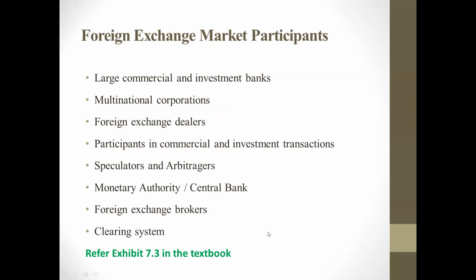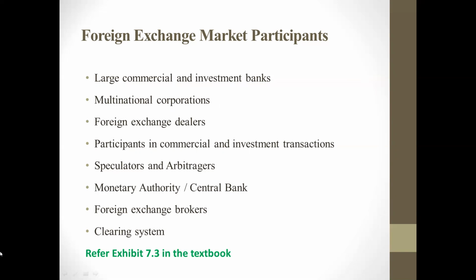Once we have referred to the foreign exchange market functions, let's see who the main participants are. As I told you under the SWIFT code, the large commercial banks as well as some investment banks. Then, what we discussed in session 1, the multinational corporations, MNCs, also play a major role.